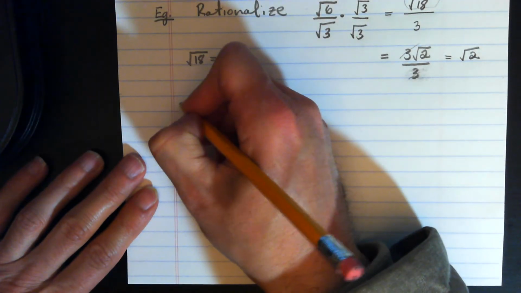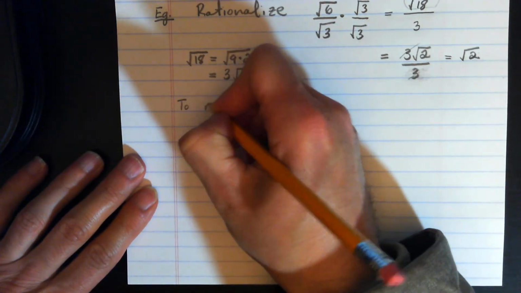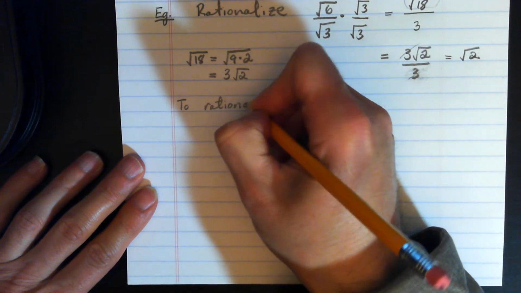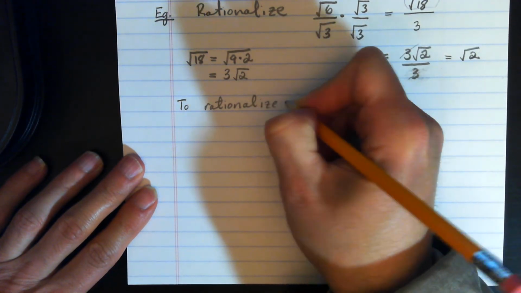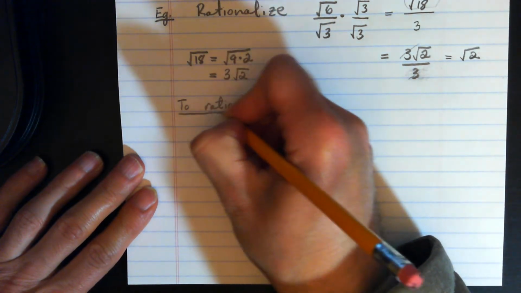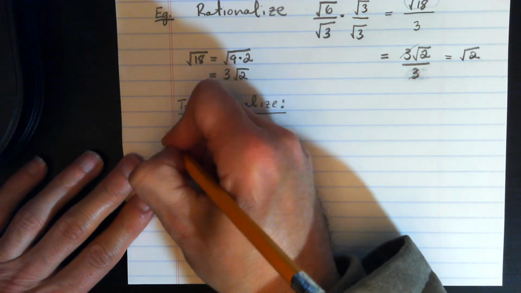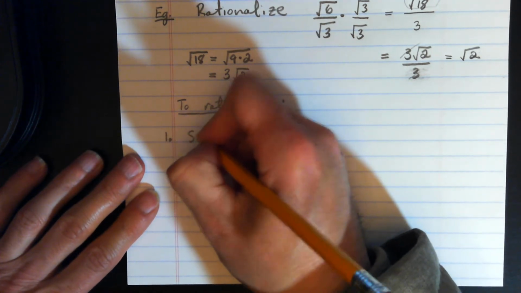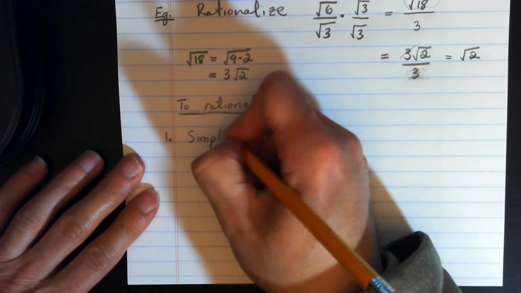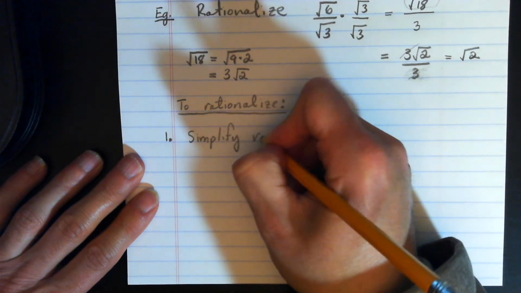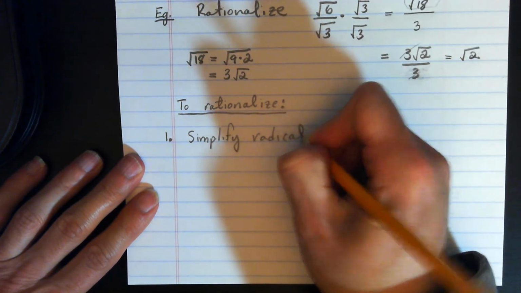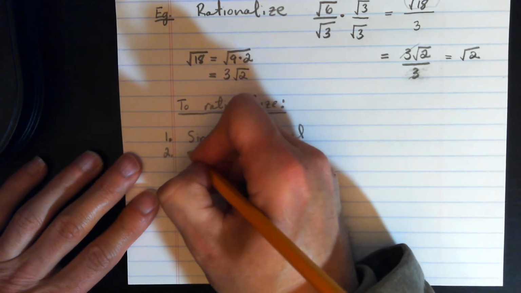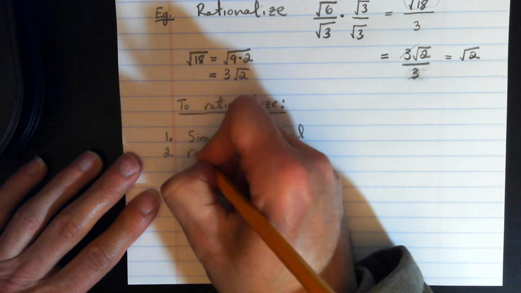Okay, so to rationalize, the first thing we're going to do is just simplify each radical right off the bat. And then 2, we're going to perform the rationalization step.